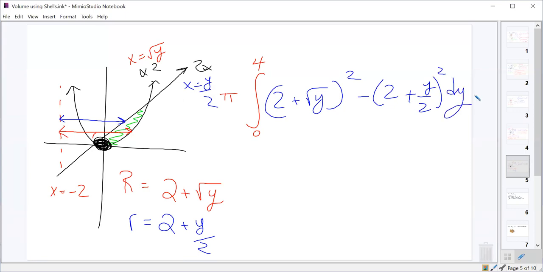Once again, we could do that by hand, but it's just a little unpleasant. So why don't you tell me what that comes out to be?